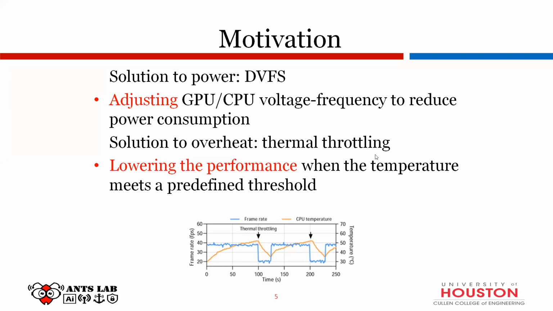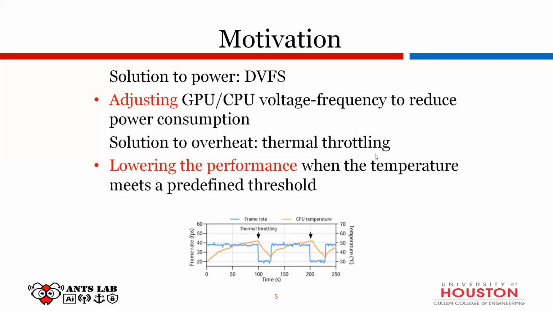Another case is, if we don't touch this upper bound, but keep the CPU and GPU working at high frequency for a long time, do we need to cool down? No, we don't need to. As long as it doesn't reach that point, it doesn't need to be cooled down, and thermal throttling does not occur.